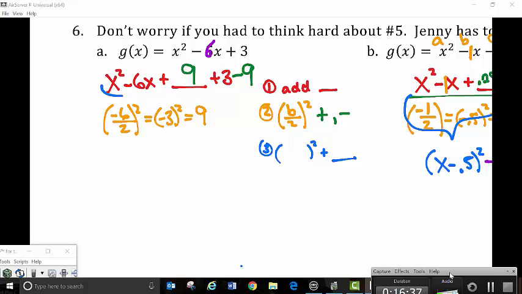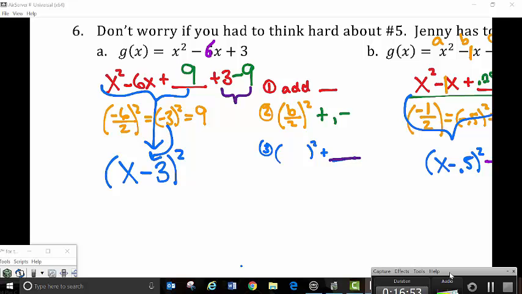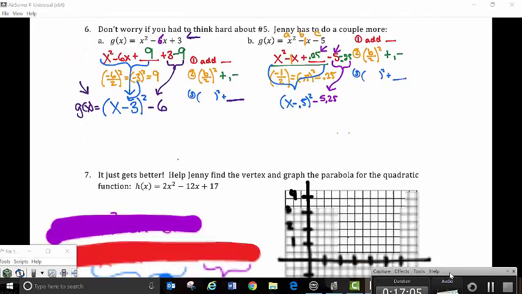Now step 3, rewrite this as a perfect square, which is always x, and half of the middle number, so that's -3 squared. And then this part, we're going to figure out what this was. 3 minus 9 is -6. These steps will always help you rewrite it from standard form, which this is, to vertex form, which this is.